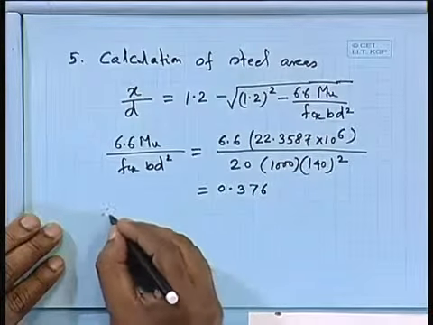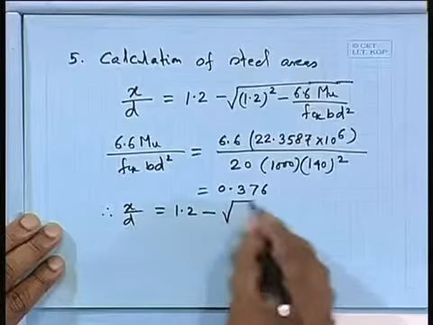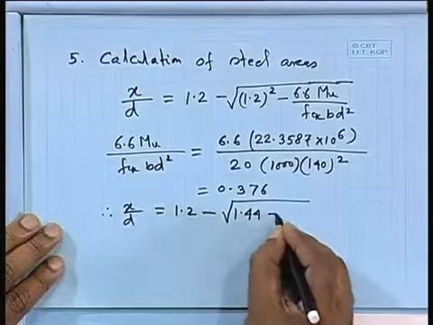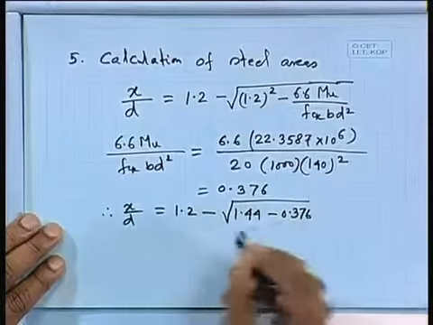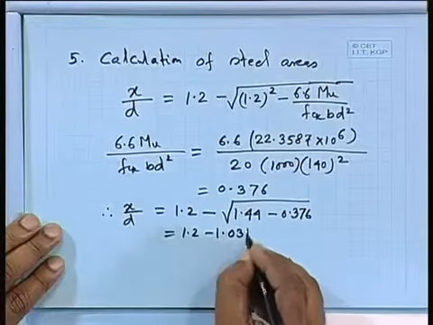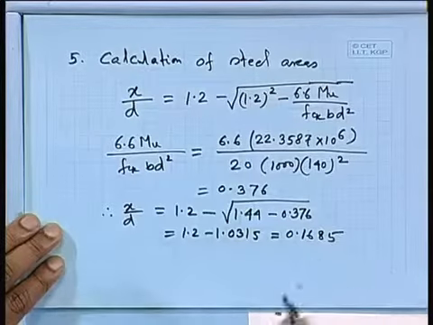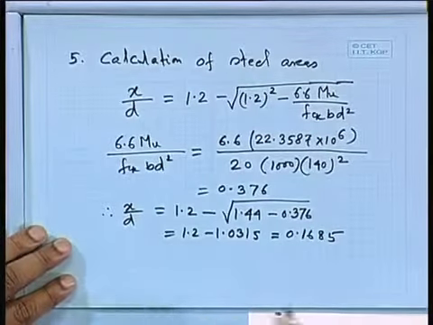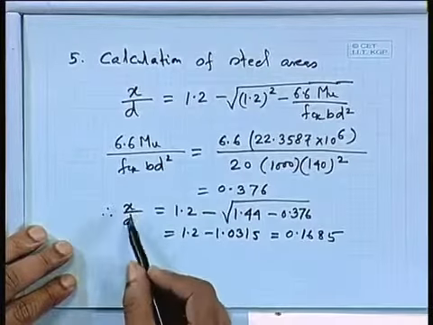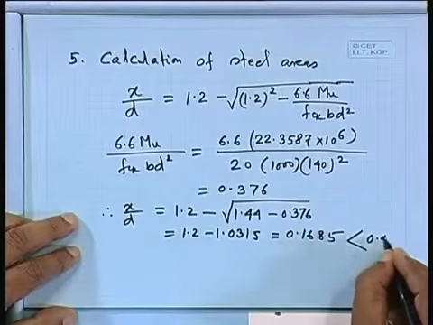Therefore, x by d equal to 1.2 minus root over 1.44 minus 0.376, equals 1.2 minus 1.0315, equals 0.1685. So what about your z? Xu by d is less than 0.48. Let's write down, this is less than 0.48.